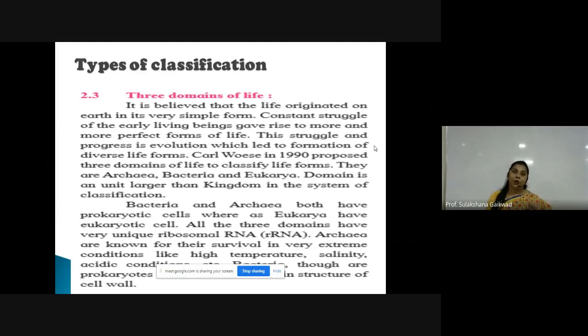It doesn't have a nuclear membrane. It does not have a nucleoplasm. It does not have a nucleolus. I cannot see the DNA strands in it. This is what is not a proper nucleus. A primitive nucleus is present but cannot be located. Did you get me? So this was the criteria.